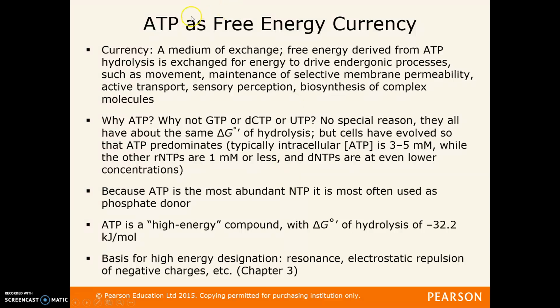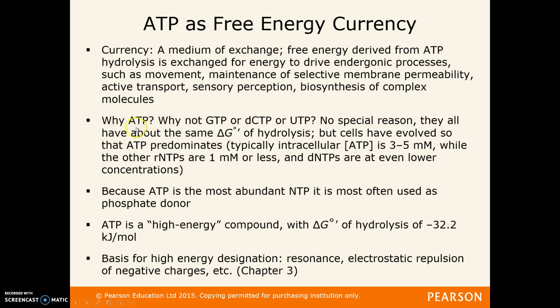Now, you might ask yourself the question, why ATP? Why not GTP or CTP or UTP or any of the others? Because there really is no difference, all right? They all have the same amount of energy in those triphosphate groups. This is kind of a two-pronged aspect.